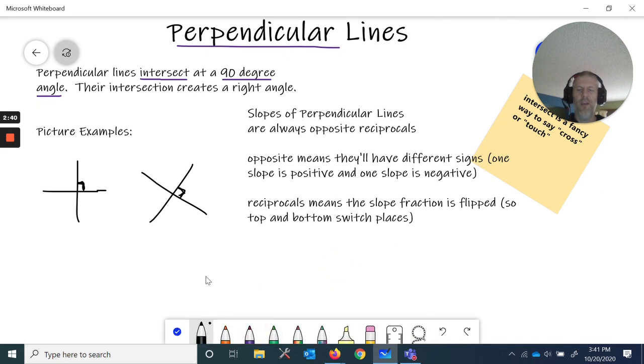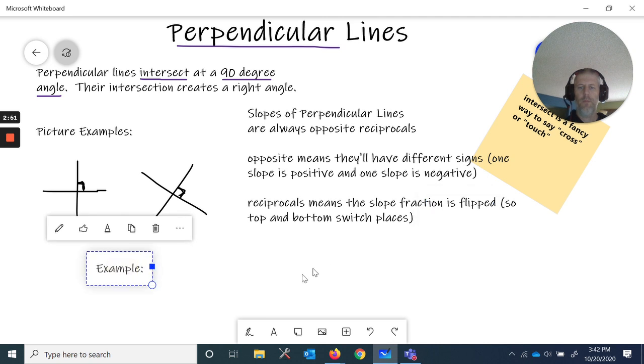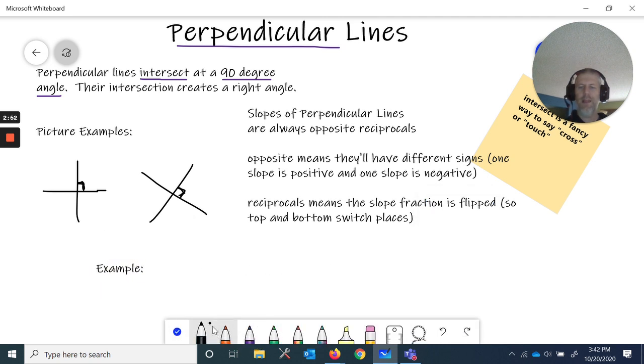So let's look at an example. Okay. So here is going to be my line. So we'll say our line is y equals, I don't know, let's go with 2/5 x.